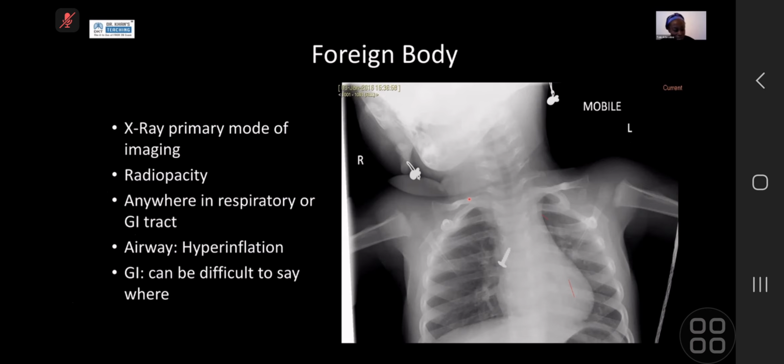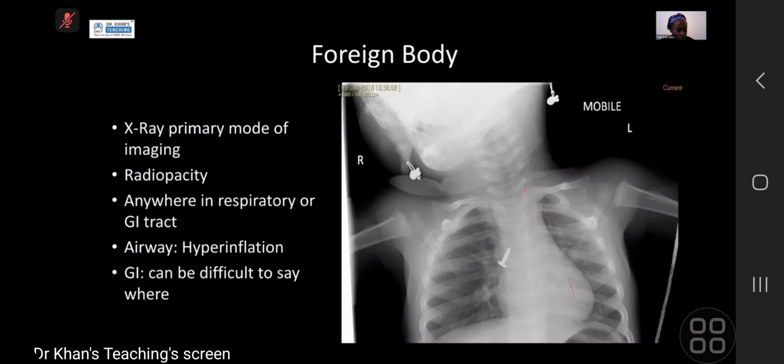So screws, magnets, anything that children can get their hands on, they seem to want to swallow. Coins are also a common one we see. And they can be anywhere within the respiratory and the GI tract. So if there's a very strong suspicion of a foreign body, you have to go hunting for it. So if the initial radiograph of the chest or abdomen is negative, then do a radiograph of the other part of the body just to see if you can find a foreign body.